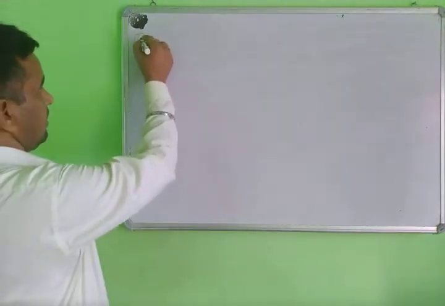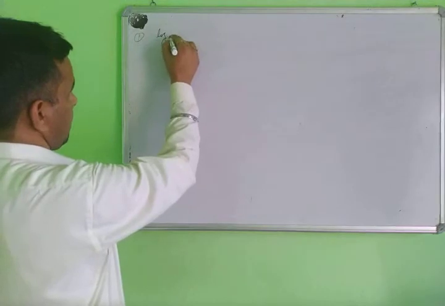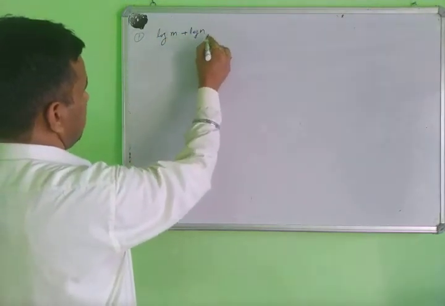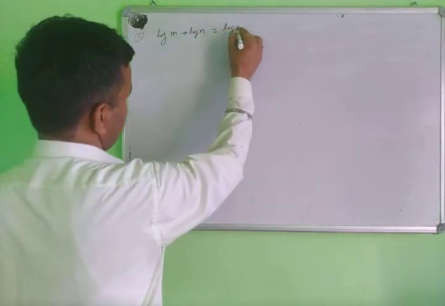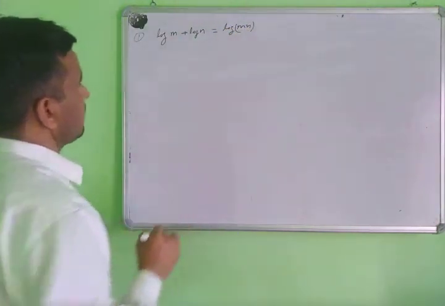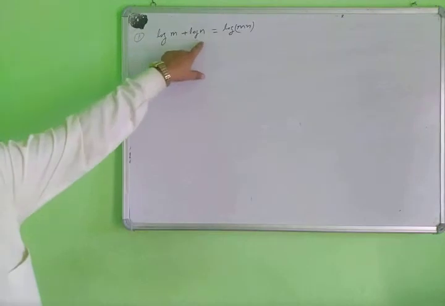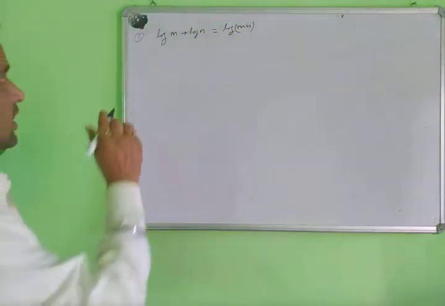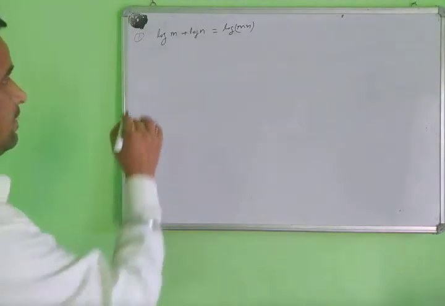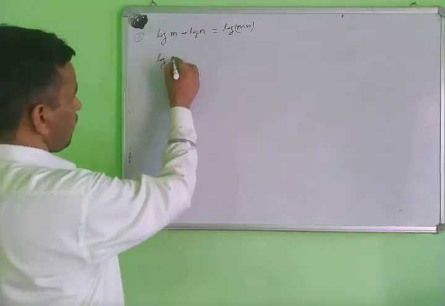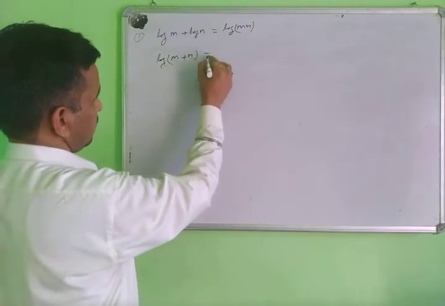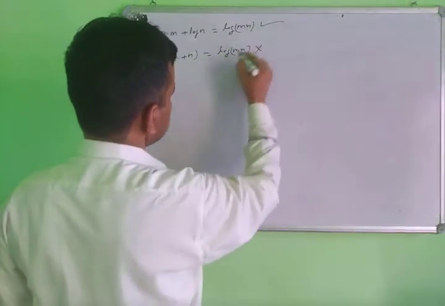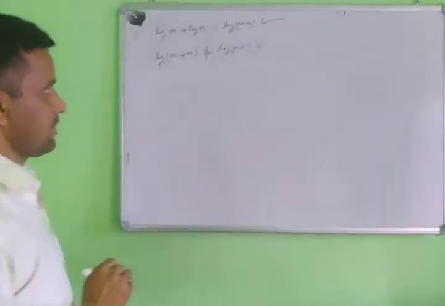First identity: log m plus log n, you can write as log mn. Here I am not writing any base because this is the natural log. Every identity is for the natural log. What mistake do students make here? Most students write log of m plus n, or log mn. But this is wrong. This will not be equal.